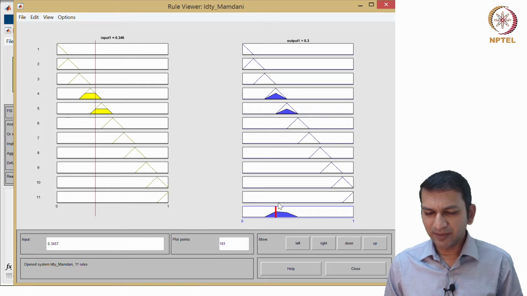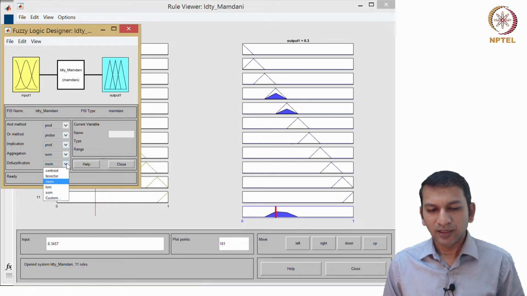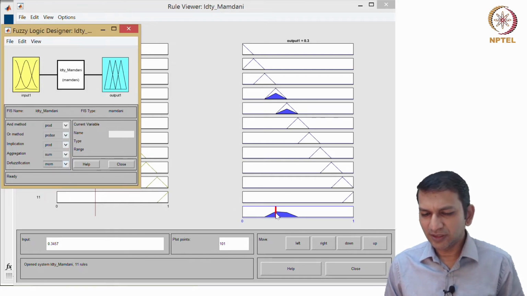We have aggregated them, and what we have here is this combined output fuzzy set, the aggregated modified consequent fuzzy sets. And because we are using the mean of maximum function, this is the ceiling of this function. This is what we get.